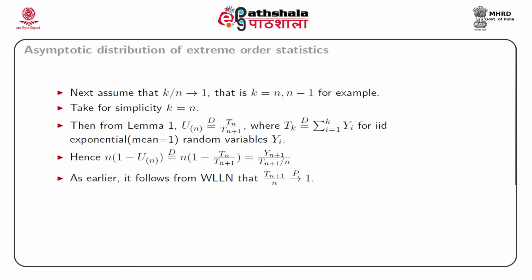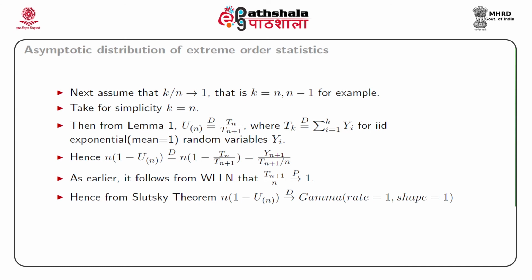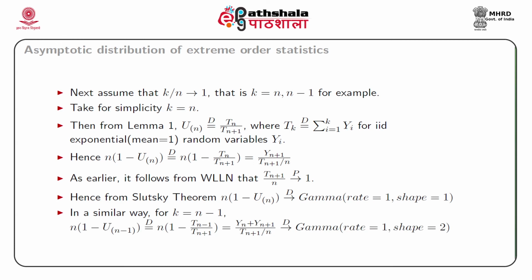Now, as earlier, from the weak law of large numbers, T(n+1)/n converges in probability to 1, and hence from Slutsky's theorem we find that n times (1 - U(n)) converges in distribution to a gamma variable with rate 1 and shape unity. In a similar way, for k equal to n minus 1, one can find the large sample distribution of n times (1 - U(n-1)) as gamma with rate 1 but shape 2.